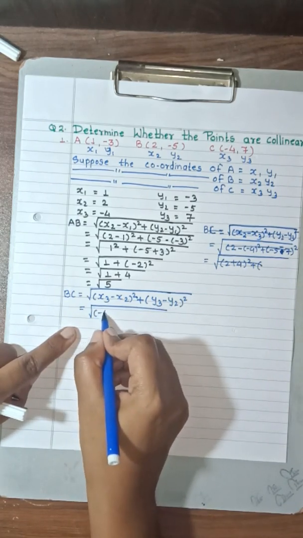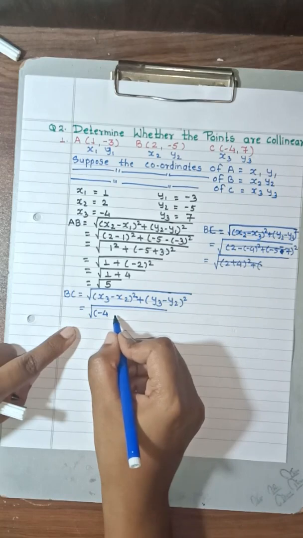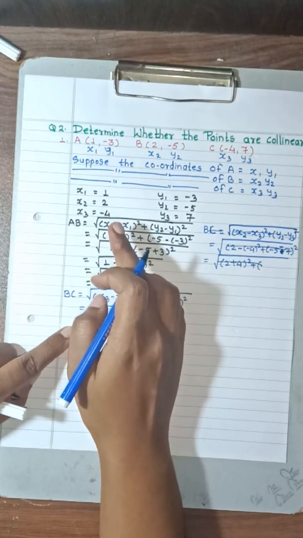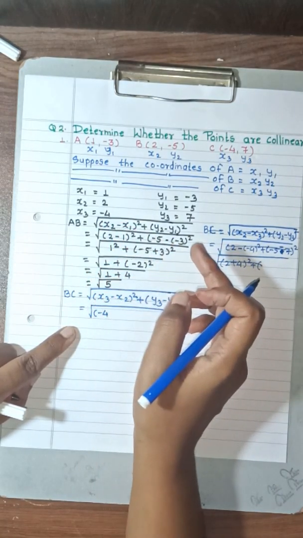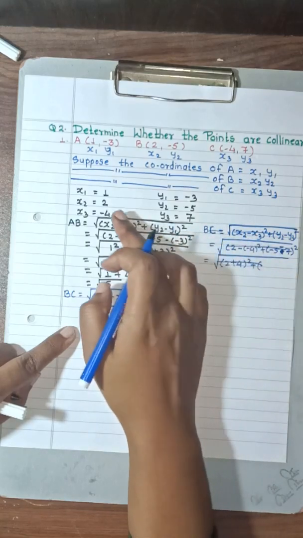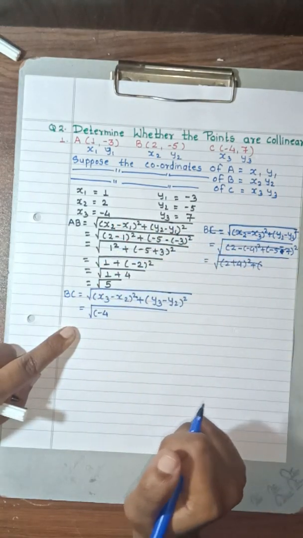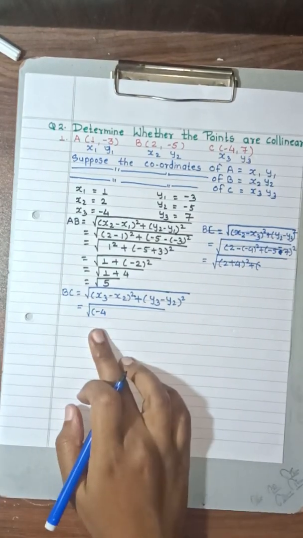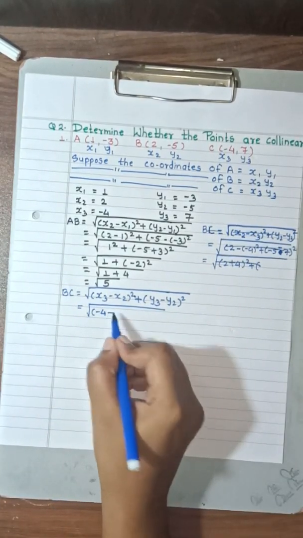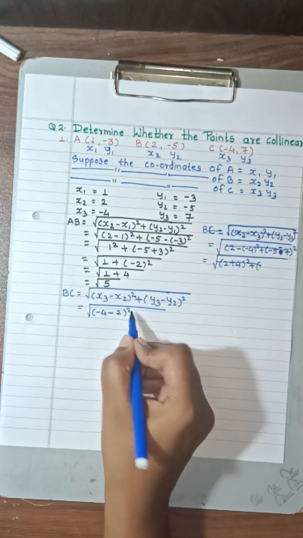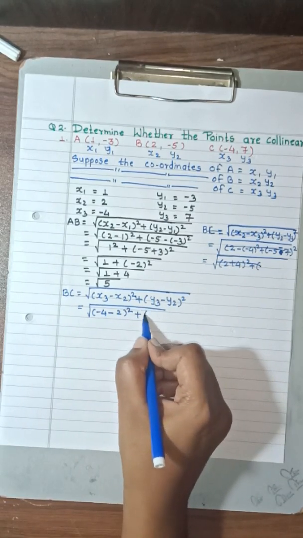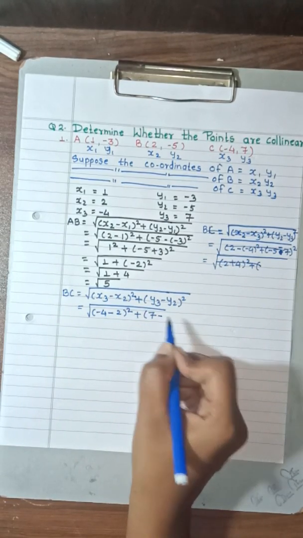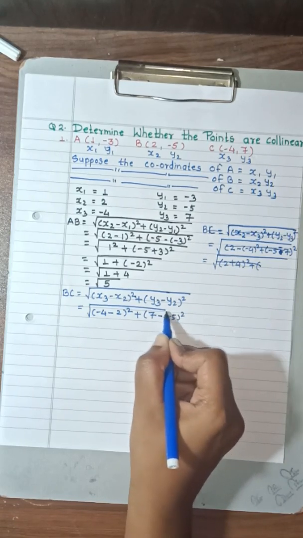Therefore under root of, now x3, how much is x3? x3 is minus 4, and x2 is 2. Minus 4 minus 2 bracket square plus, that will be 7 minus 5 bracket square.